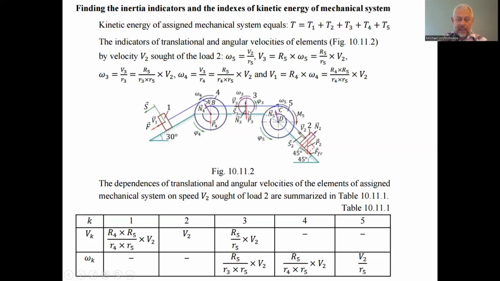So we don't need to consider the elements in great detail, like the angular displacement of this roller, or translation only. We only have to find the angle of rotation of the fifth pulley, because it is under the action of the external resistance moment, as these forces do not cause work and do not change the kinetic energy of the mechanical system, because they are perpendicular to the direction of motion of roller number 3.